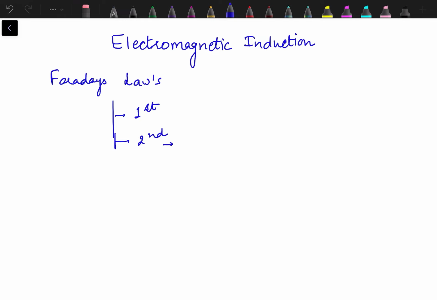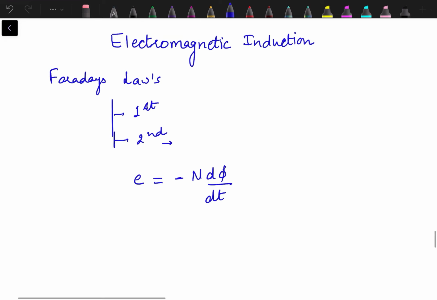And according to Faraday's second law, we get the value of induced EMF as minus N d phi by dt, where N is the number of turns on the coil and phi is the flux, and this negative sign is according to Lenz's law, which states that the response opposes its cause.